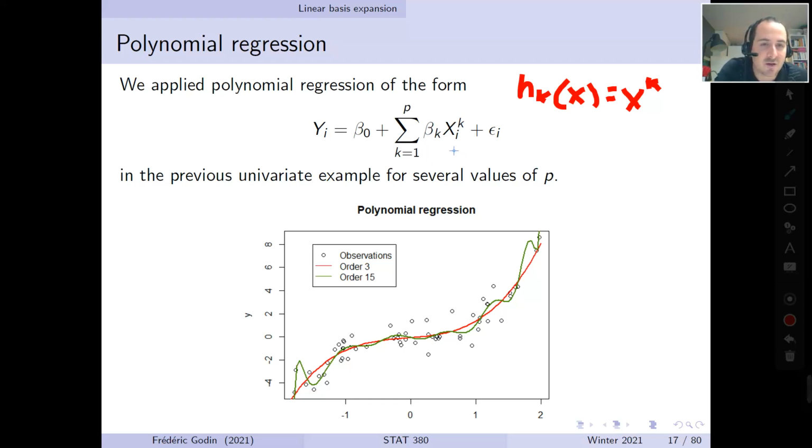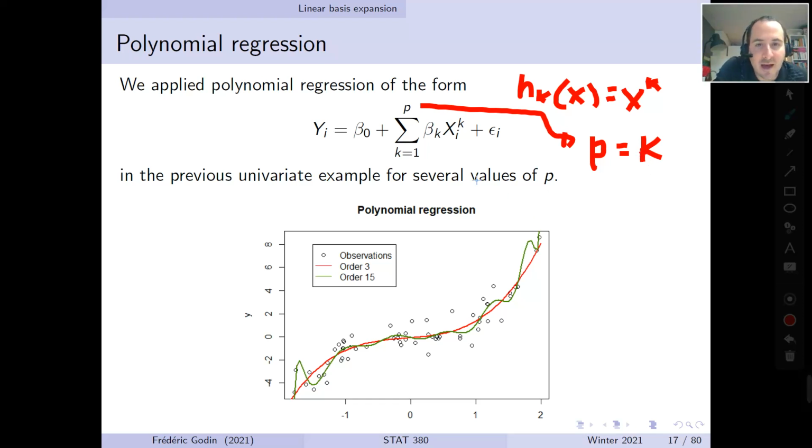Here all of its transformations are basically powers of x. So in that case, p would be equal to capital K. Sorry, to be more consistent with what I wrote earlier, I should have put a capital K here instead of the lowercase p. But let's use lowercase p, though to be consistent this should be capital K.